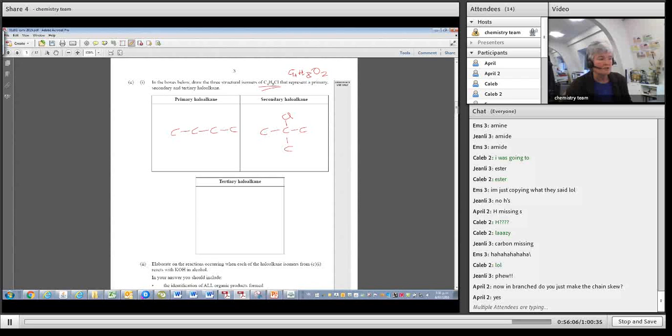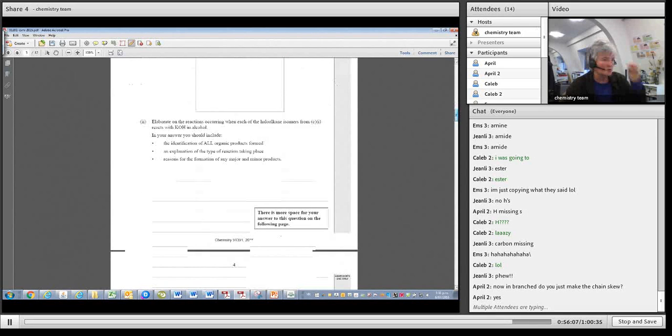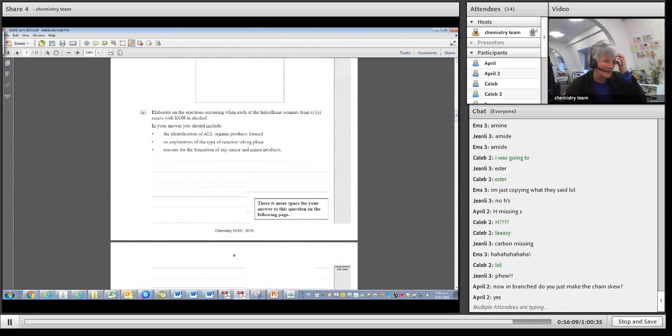Right, I did want to go down more to, okay, here they're asking for KOH and alcohol, identification of all organic products formed. Now, tip here, when you see something like this, if you're going to form an alkene, you think of Zaitsev, okay?